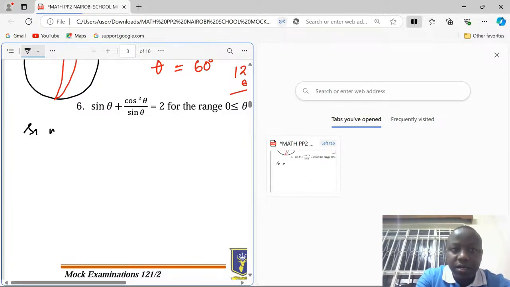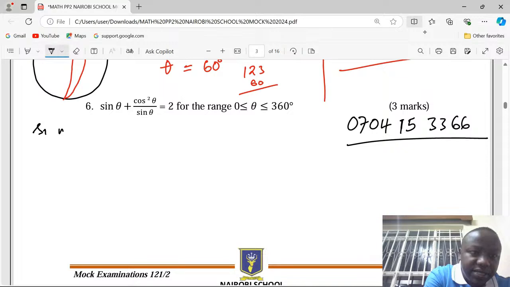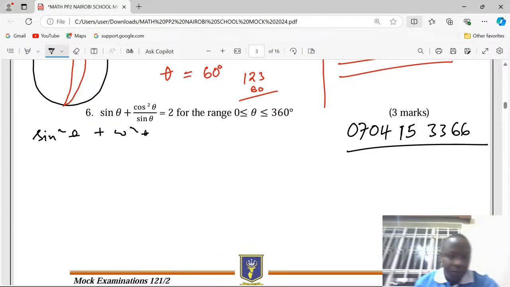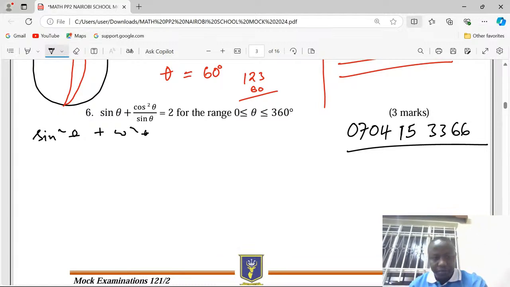So sine of theta, when multiplied by sine of theta, we will get the sine squared of theta, then we add cosine squared of theta, then that will be equal to 2 sine theta.